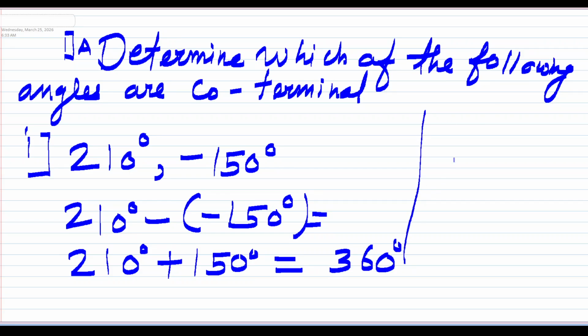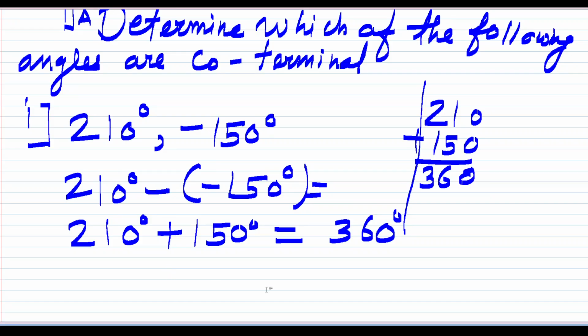Here I will do the addition. 210 plus 150: 0 plus 0 is 0, 1 plus 5 is 6, 2 plus 1 is 3. So this is 360. And once it is 360, it is a multiple of 360.